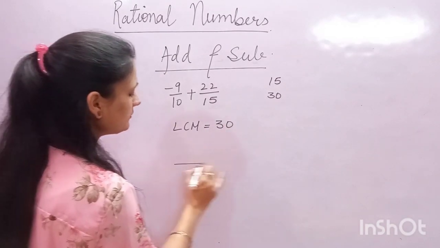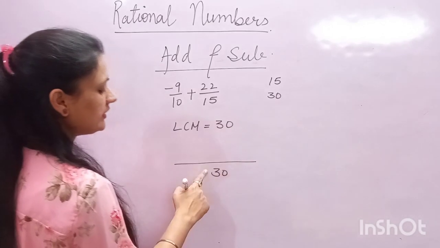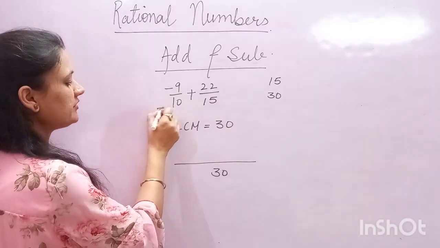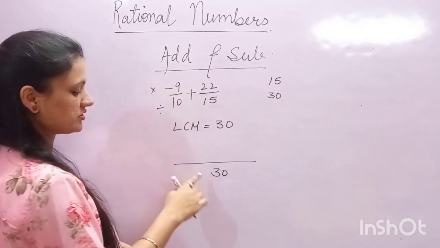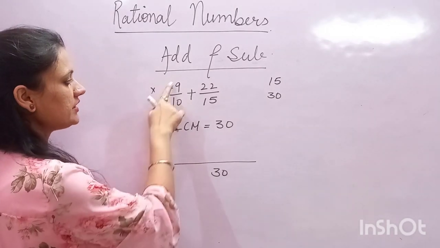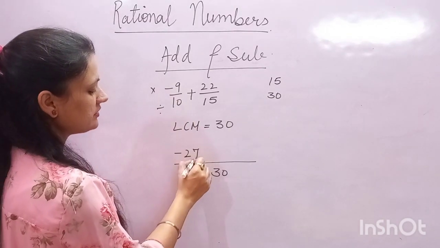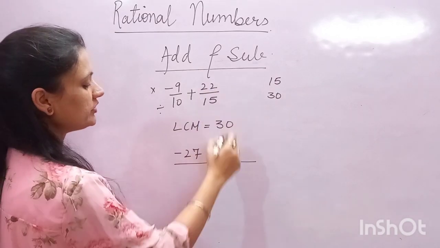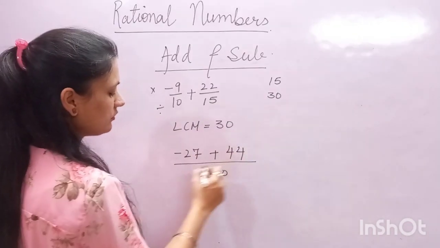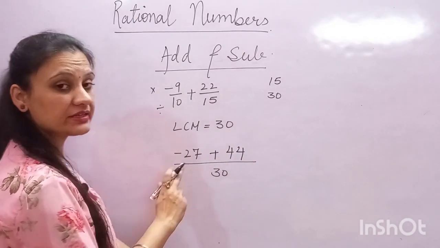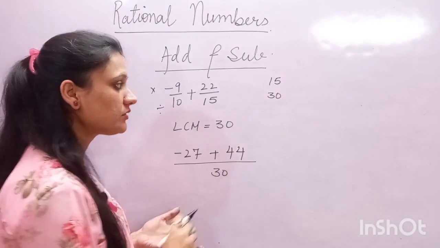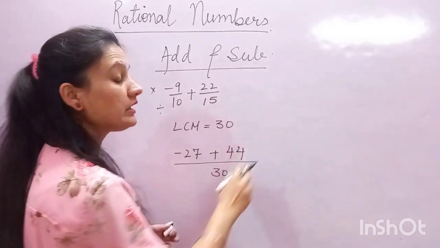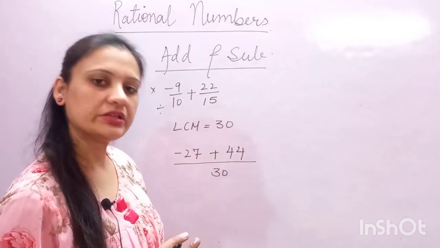So what do you do here? 30 divided by 10 is, here division, here multiplication. So 30 divided by 10 is 3. 3 nines are 27. 30 divided by 15 is 2. 2 into 22 is 44. So now here plus minus is minus. That is why I told you, you should be very clear about the concept of integers.